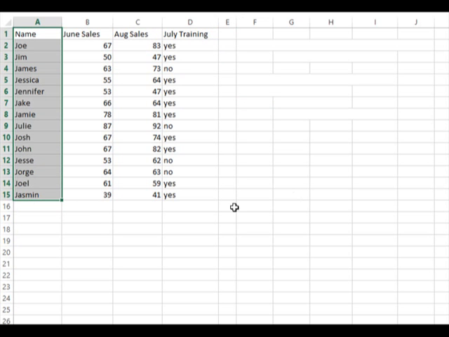Alternatively, if you had another variable like this that provides the name of maybe a particular sales associate, that gives you some sort of indication that this level of June sales is representing the sales that corresponds to a particular person. This is the sales in August for that particular person, and this is indicating that that person got that optional training in the month of July.